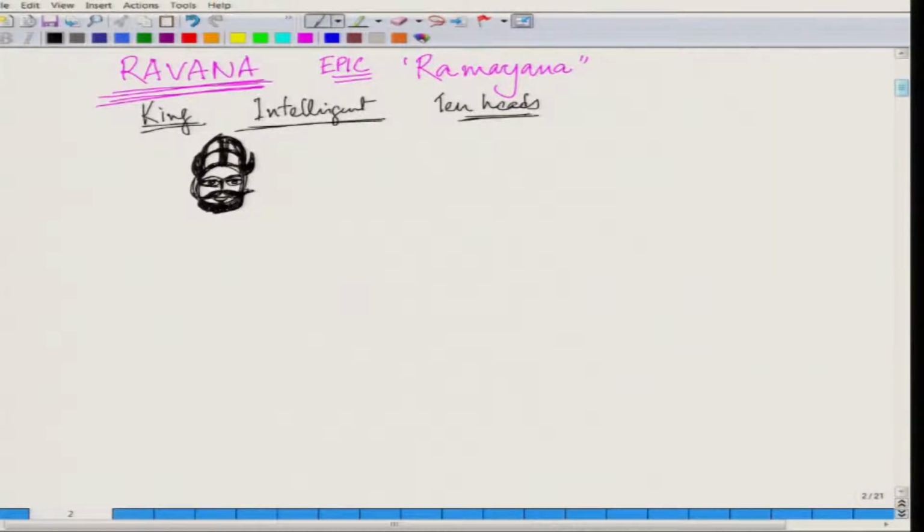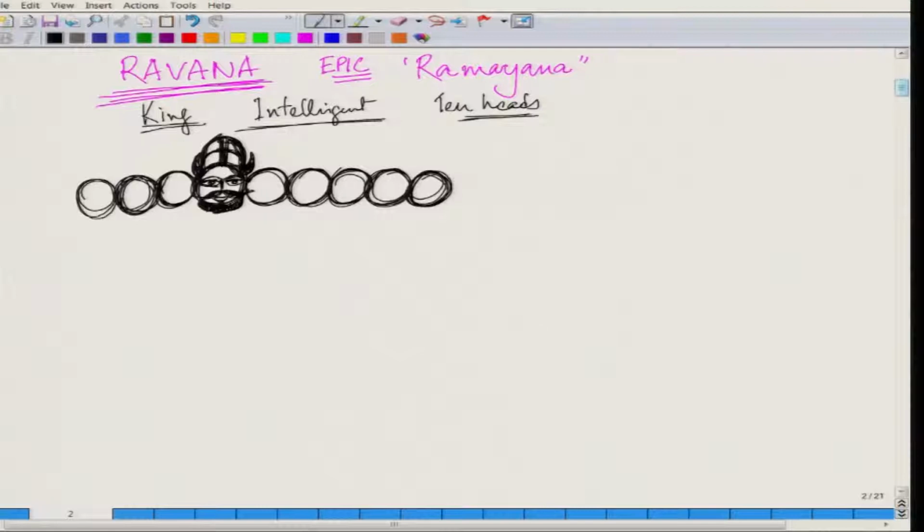So, we imagine, we assume that those 9 heads are spread at both the sides, like 1, 2, 3, 4, 5 and 1, 2, 3, 4 and the 5th head, that is the main head. So, we have this 4 plus 5 plus 1, 10 heads for Ravana.